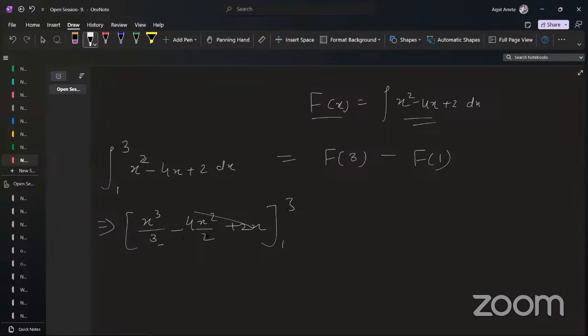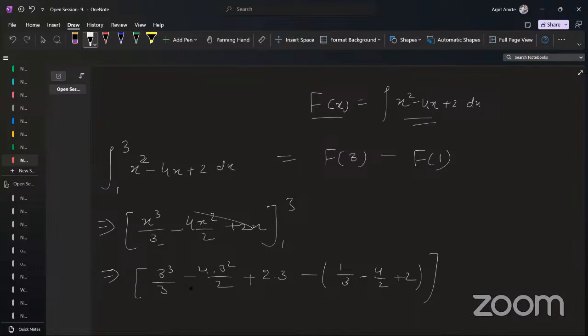This is my capital F(x), so you substitute 3 in place of x, minus the value with x equal to 1. It will be 3 cube divided by 3 minus 4 into 3 square divided by 2 plus 2 into 3, minus 1 by 3 minus 4 by 2 plus 2.